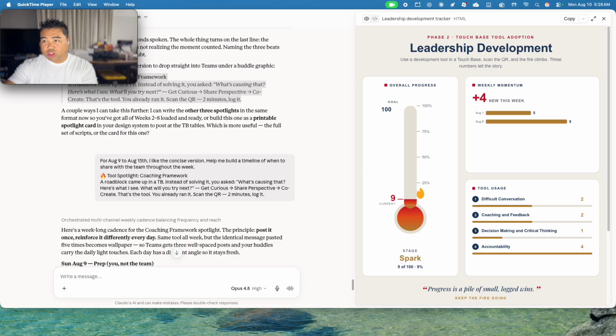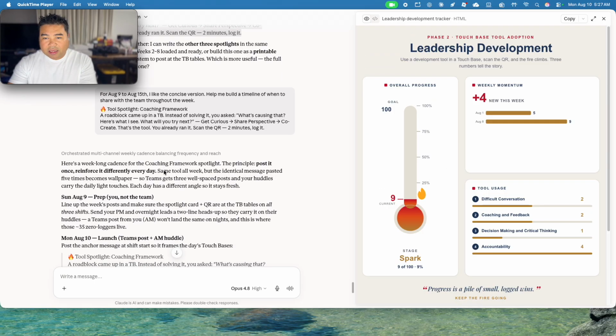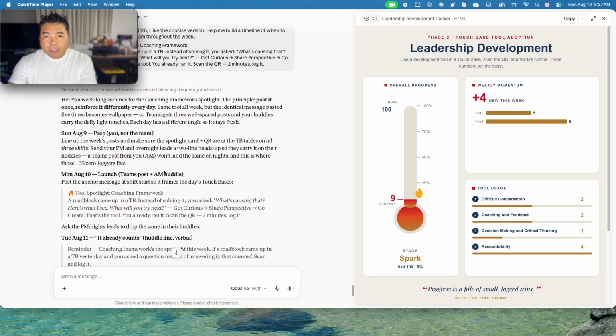As always, you have the leadership development thermometer here on the right. This is the new look that we changed yesterday. Let's look at it here from this week. What is AI telling us? It's telling us here's a week-long cadence of the coaching framework spotlight. The principle: post it once, reinforce it differently every day.